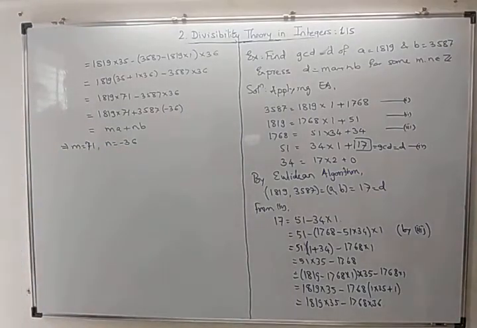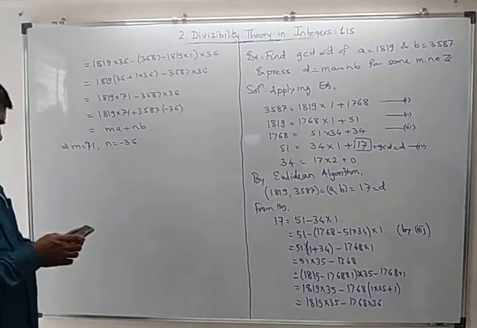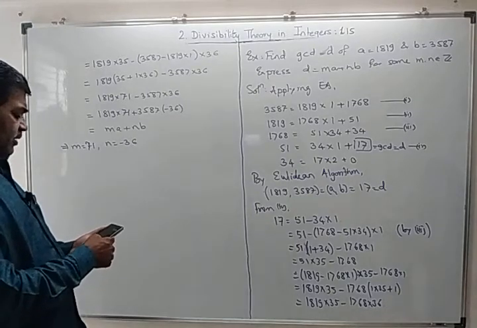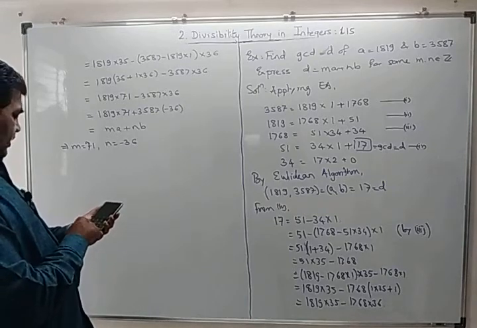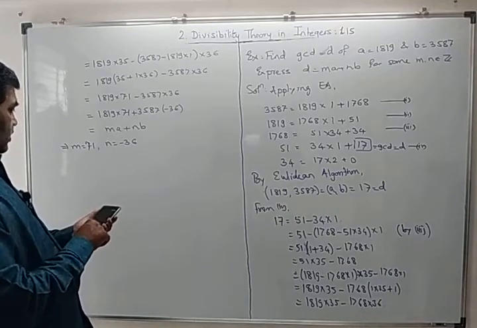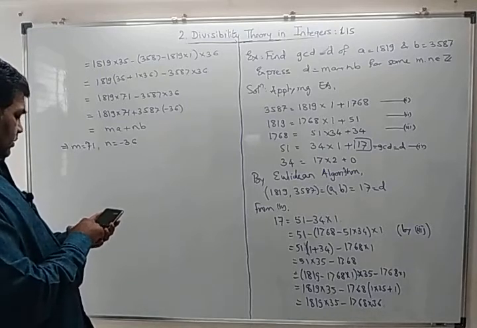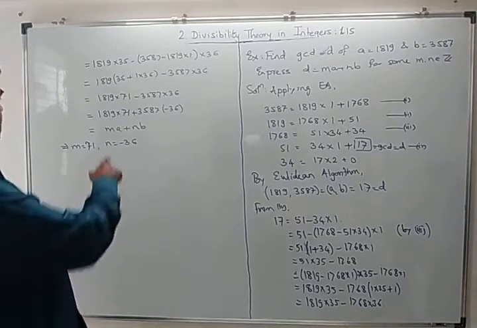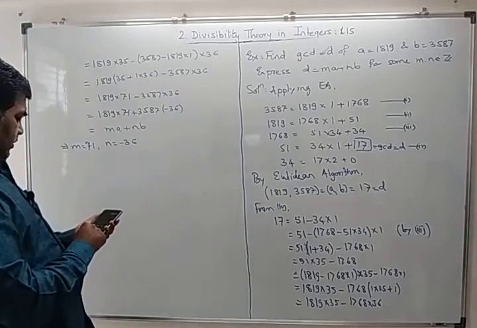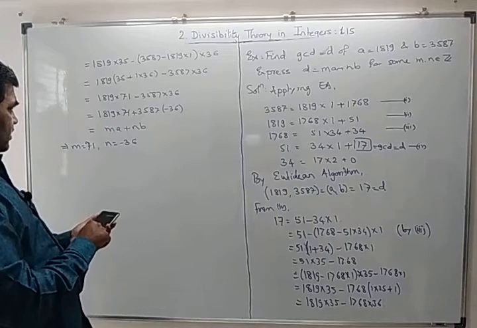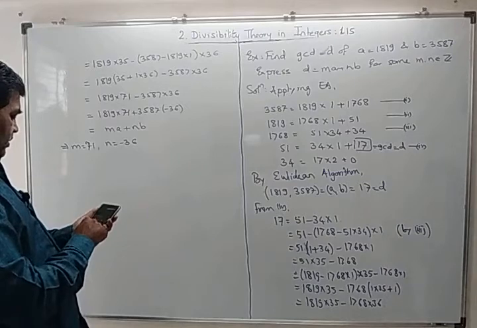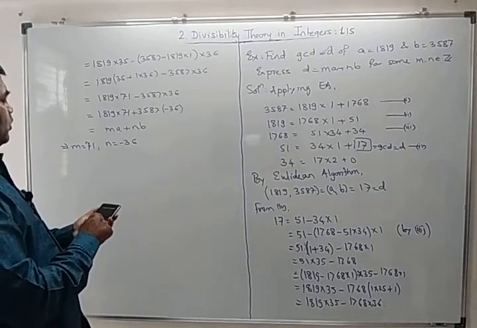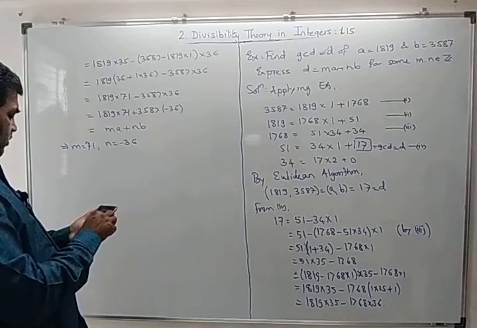So we'll check whether this is correct or not with the help of a calculator. So 1819 into 71, so it becomes, okay, minus 3587 into 36, if I give brackets.